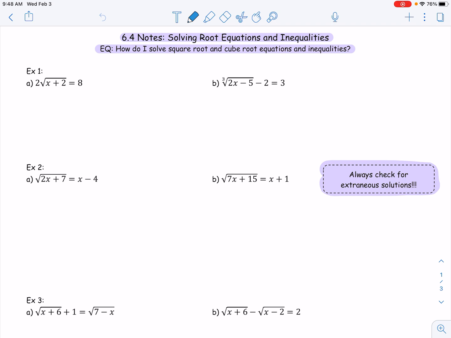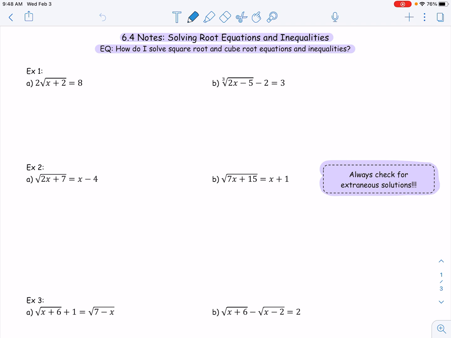The definition says it emerges from the process of solving the problem, but is not a valid solution to the problem. It's kind of strange that that could happen, but you'll see when and why we get extraneous solutions.